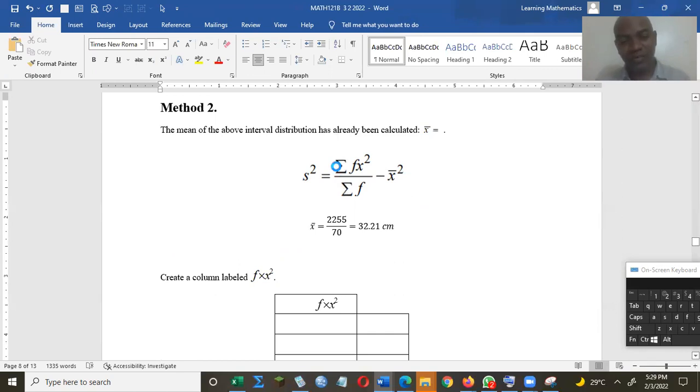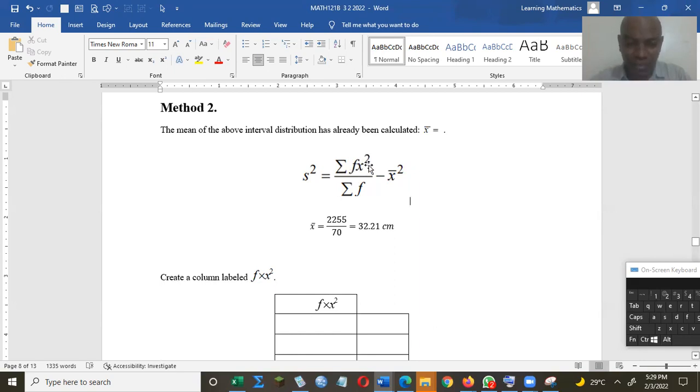Whenever you see it, don't get confused. Just ignore sigma and focus on what is to the right of sigma, do that, and then apply sigma last. Please remember that. Okay, so we have to do fx squared.